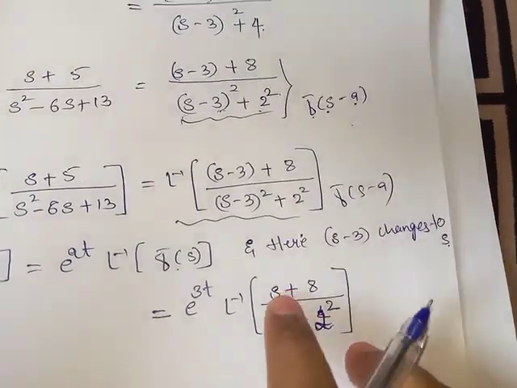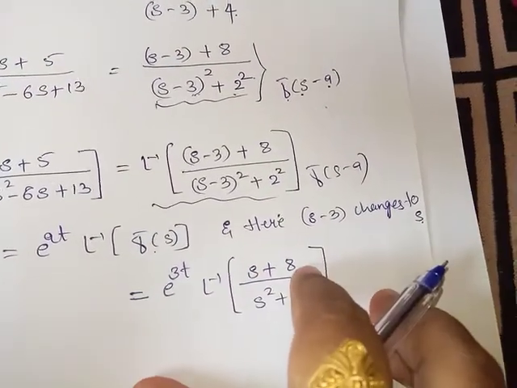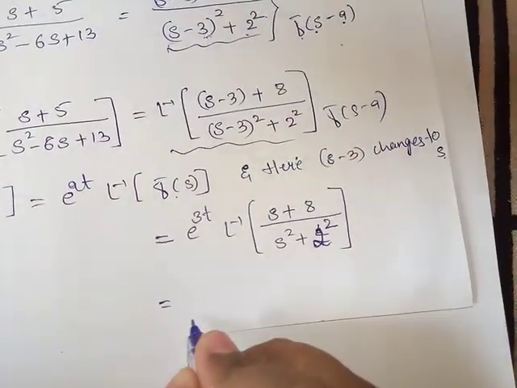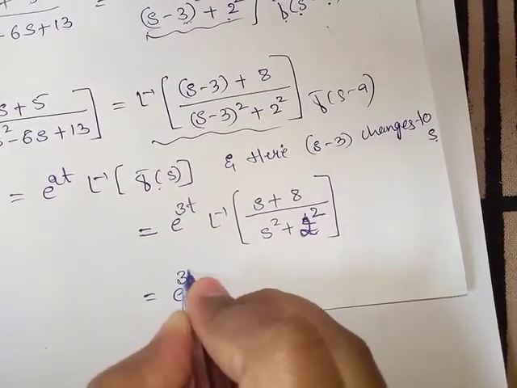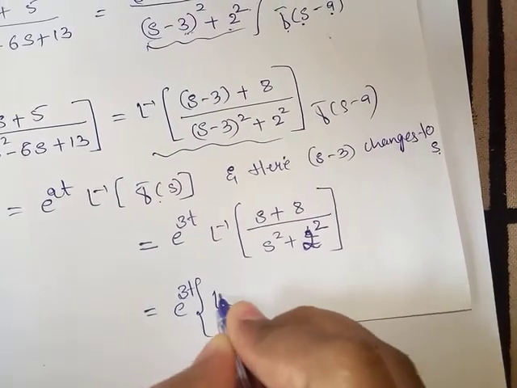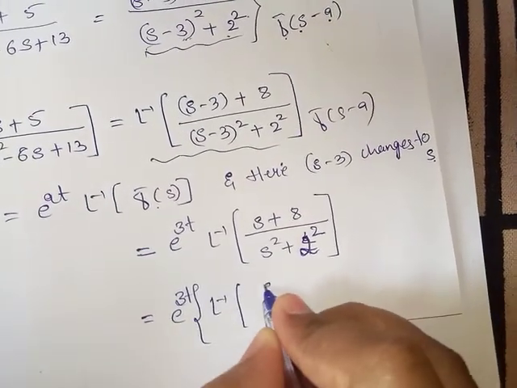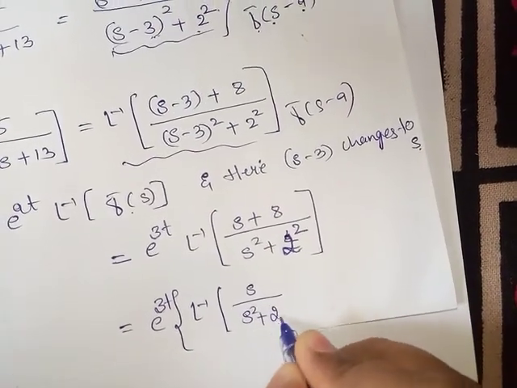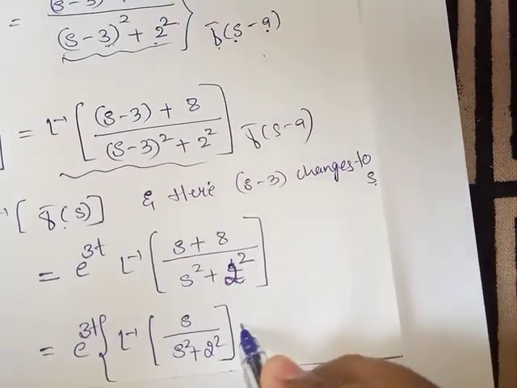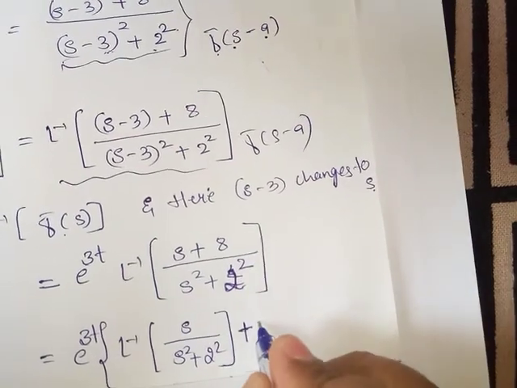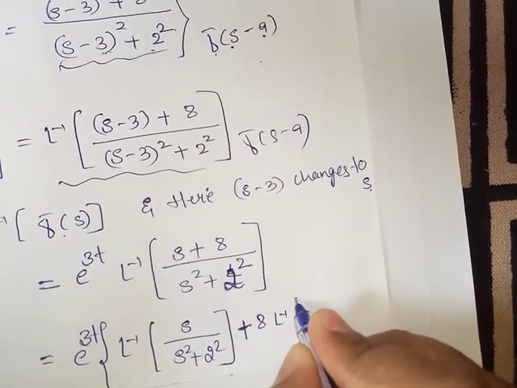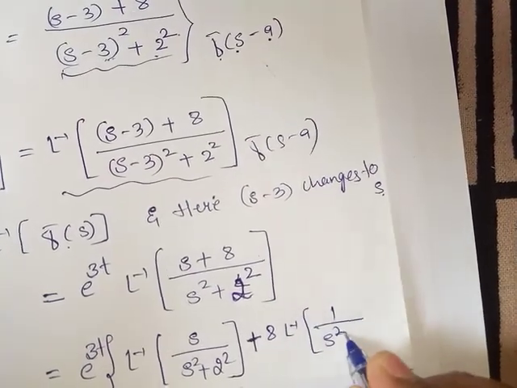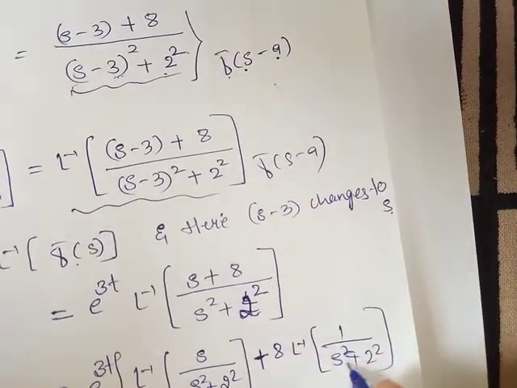Now see, in the numerator we have two different terms. We get e raised to 3t L inverse of s divided by s square plus 2 square, plus 8 is a constant, take it outside, L inverse of 1 divided by s square plus 2 square.